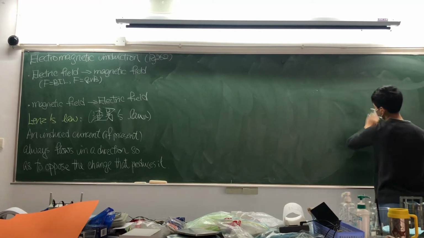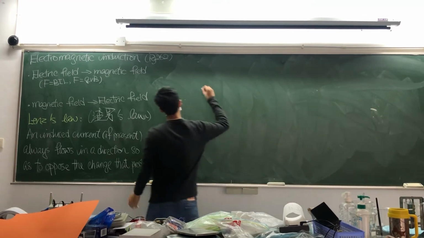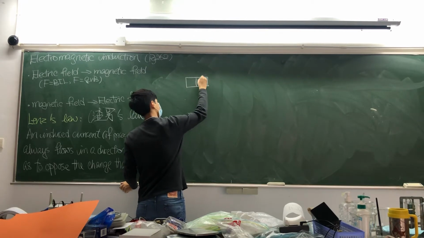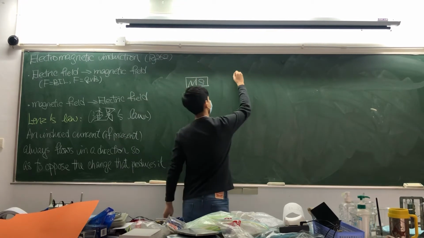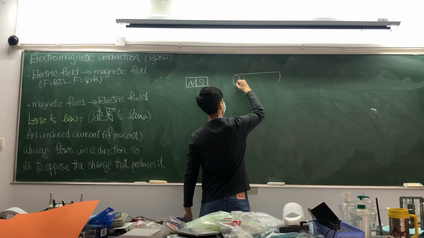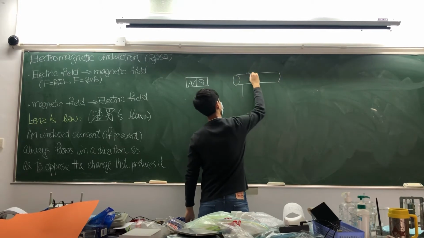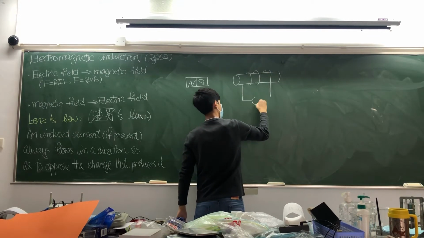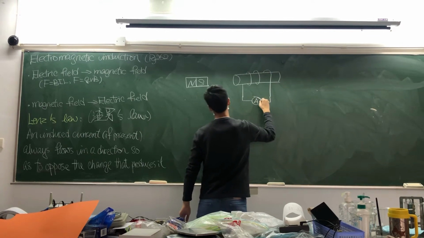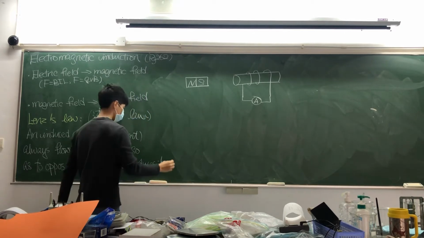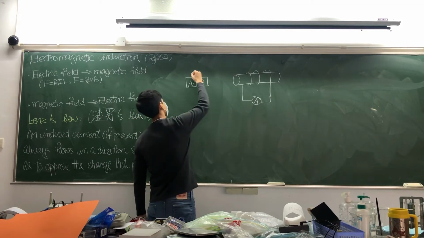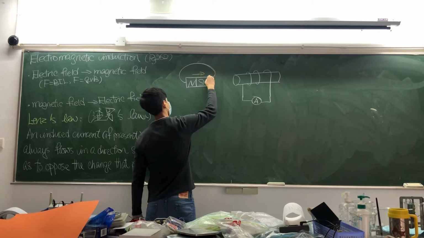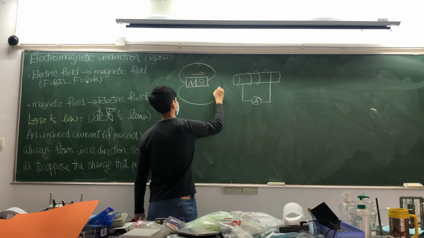So now, the south pole of the magnet is closer to the solenoid. Okay, think about what will happen. First, let's draw the directions of the magnetic field, which points from the north to the south.